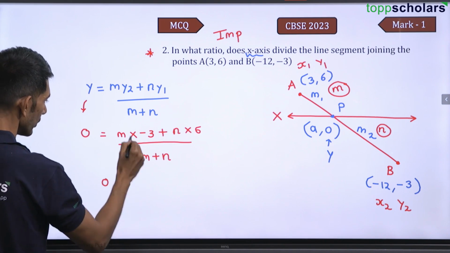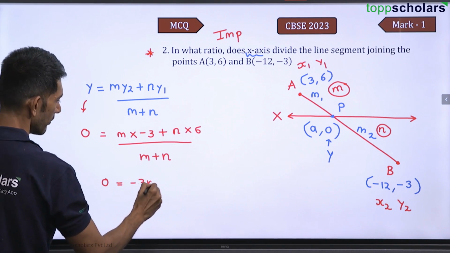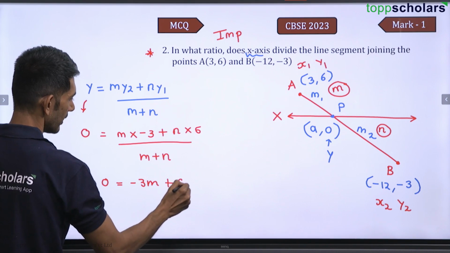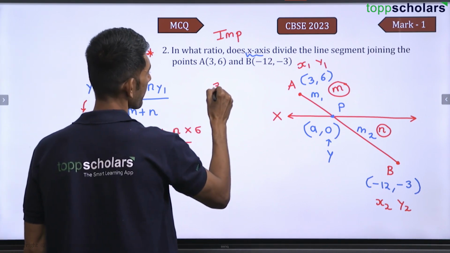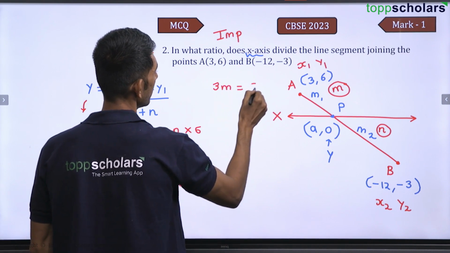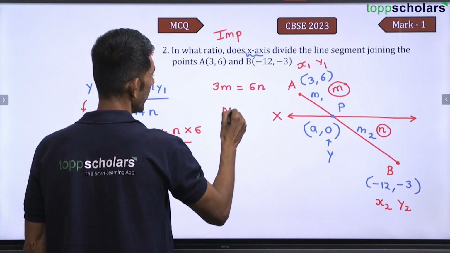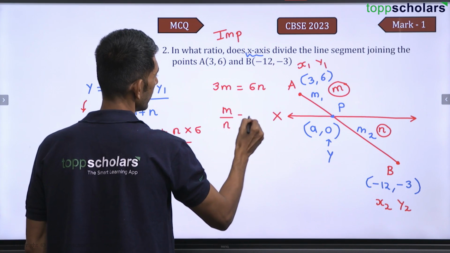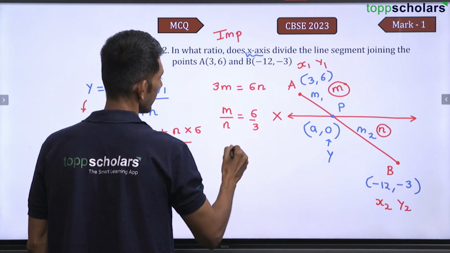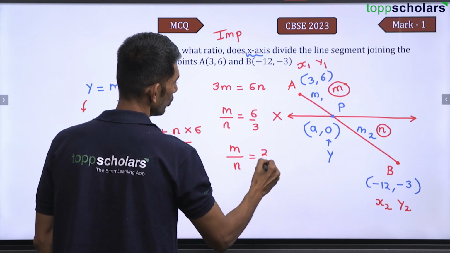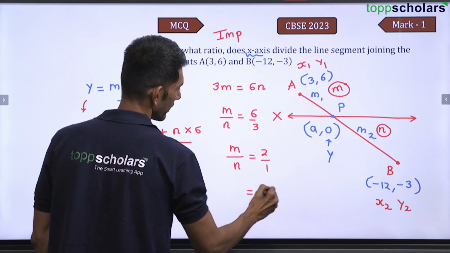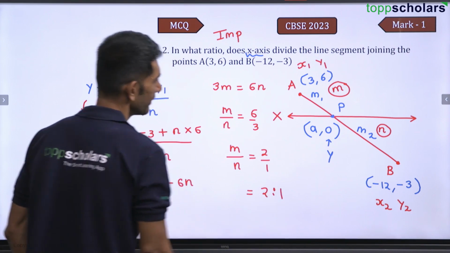So 0 is equal to minus 3m plus 6n. This goes here. So can I say 3m is equal to 6n. So m by n is equal to 6 by 3, and m by n will be equal to 2 by 1. That is nothing but 2:1. Correct?